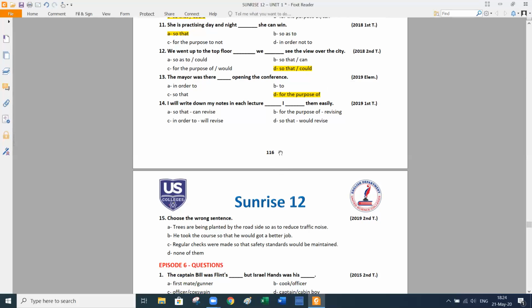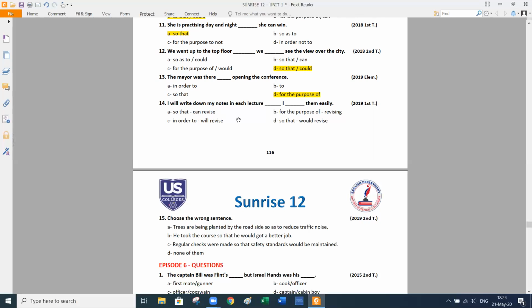I will write down my notes in each lecture, blank, I, blank. Again, you can see we have a subject here and a second blank for the modal verb, so that I can revise them easily. So that is used in A and also in D. So the thing that we need to do here is, again, to look into the meaning of the sentence.